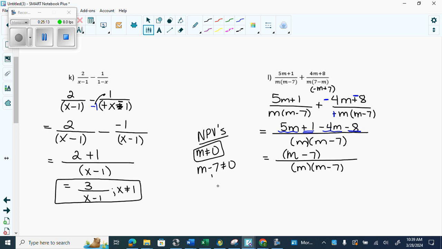So I add 7 to both sides, and m can't equal 7. My full numerator canceled off, so it's just gone. Left with a 1. So it's going to be 1 over m. M can't equal 0 or 7.